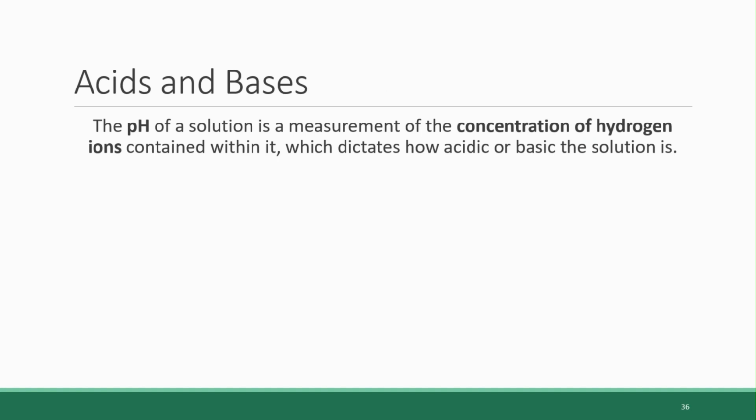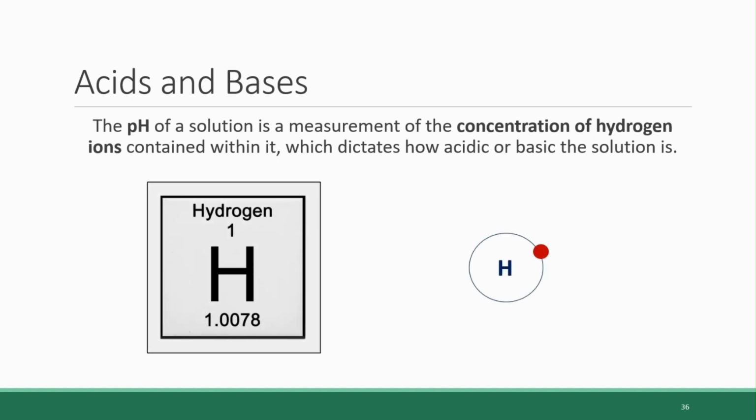But when we say hydrogen ion, what do we actually mean? Well, remember that an ion is an atom that has an electrical charge, resulting from having gained or lost an electron. In the case of the element hydrogen, hydrogen is the smallest and simplest element in existence. You see it has an atomic number of 1.